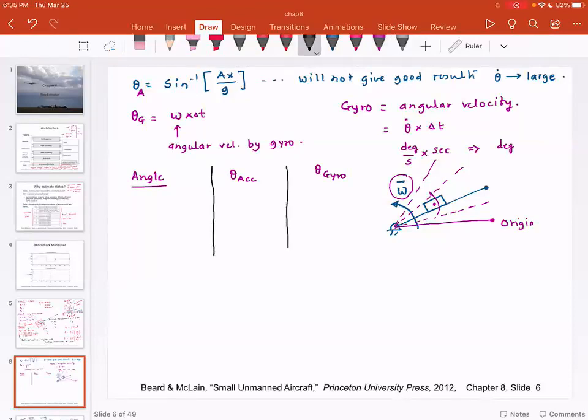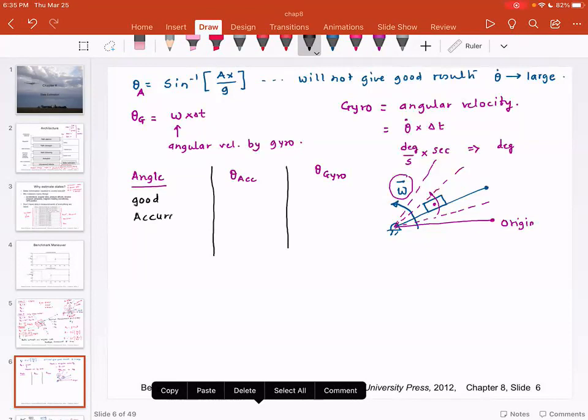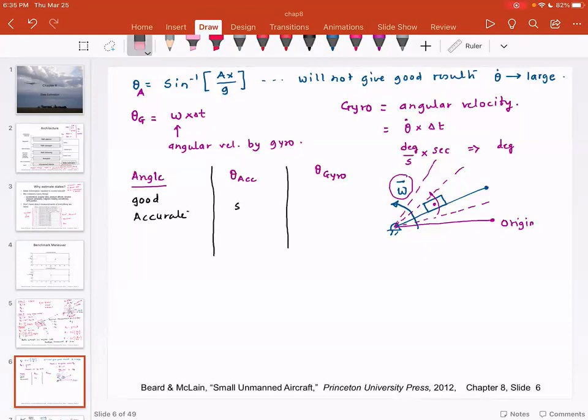The accelerometer gives me accurate output when it is moving slowly, and the gyroscope gives me good output when it is moving fast. So somehow I need to combine these two values.